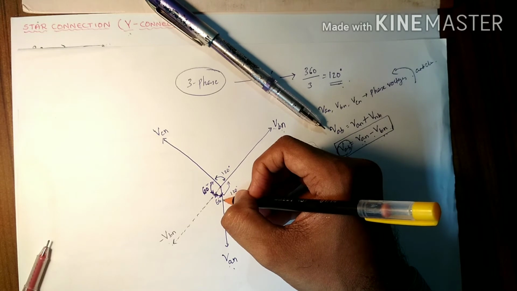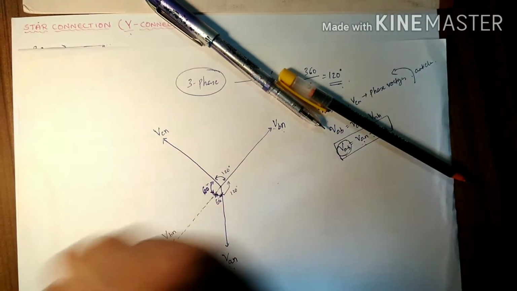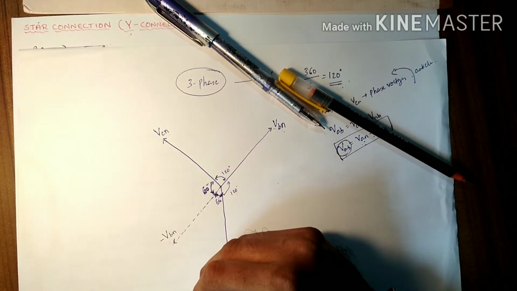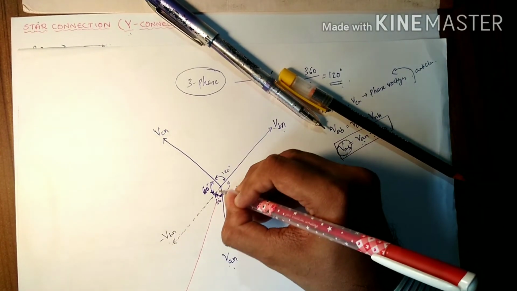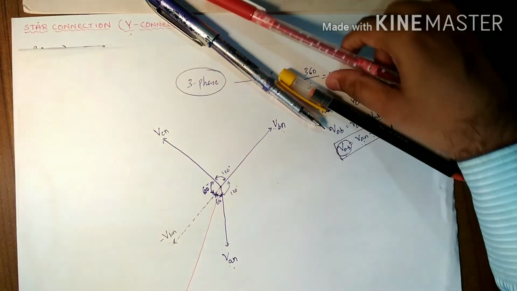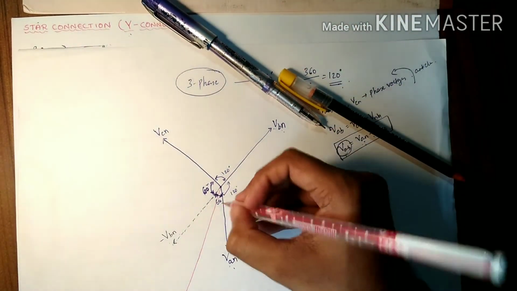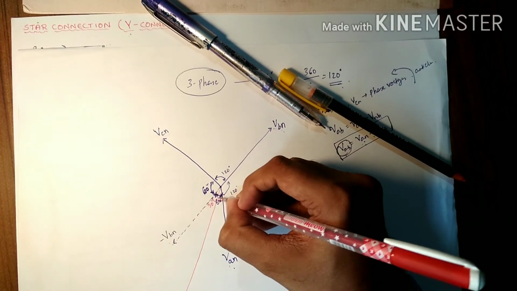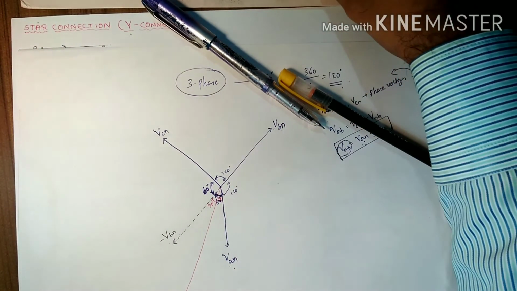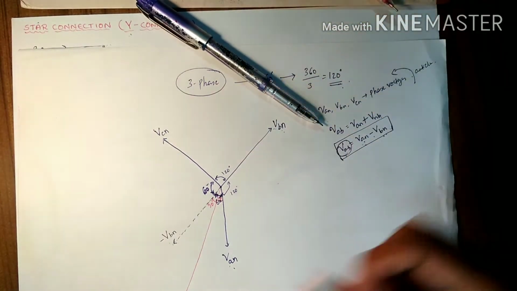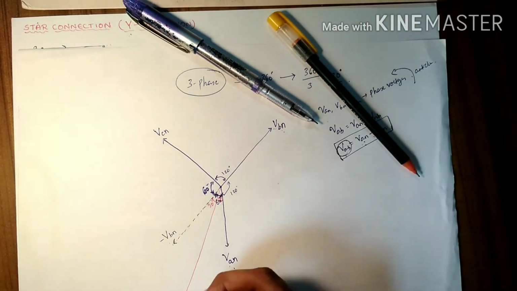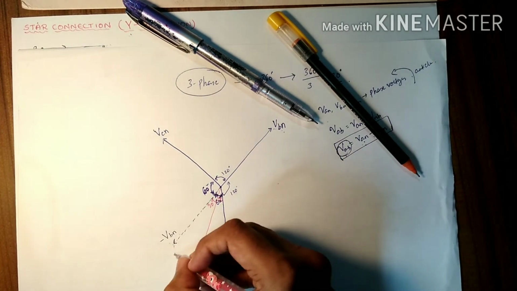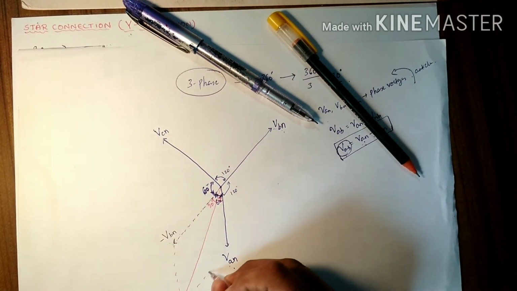Now if I draw the resultant here, VAN minus VBN, it will be like this. Again this is equally cut into 2 halves, so this will be 30 degrees and this will be 30 degrees. So the resultant of VAN and minus VBN is VAB.